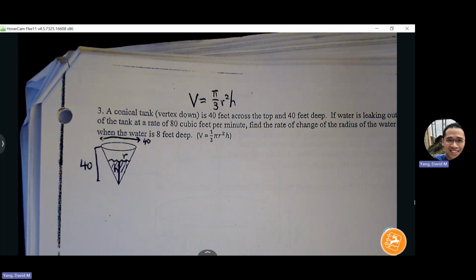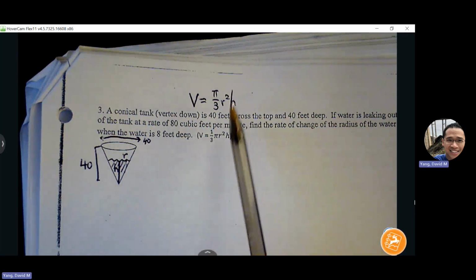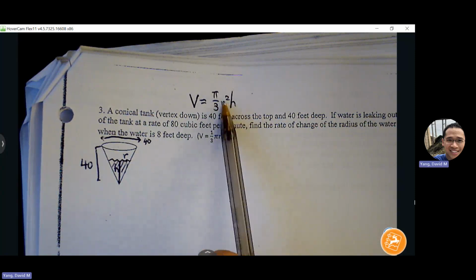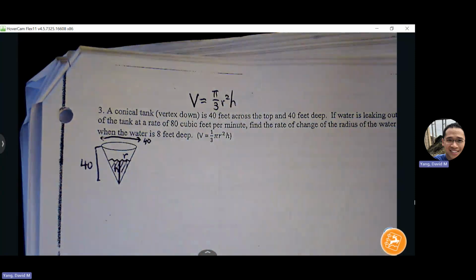The height of the inner cone is also decreasing. So the reason that we have to build this diagram is because we would like to replace one of the variables in turn and get it down to one variable, either everything r or everything h, so that our derivative will be a little bit easier.